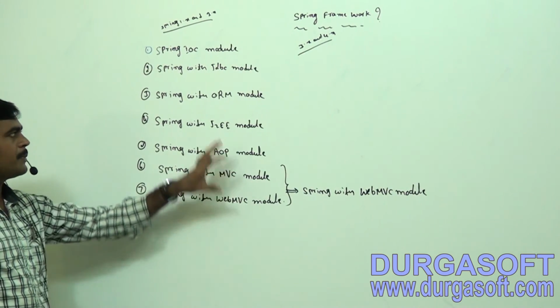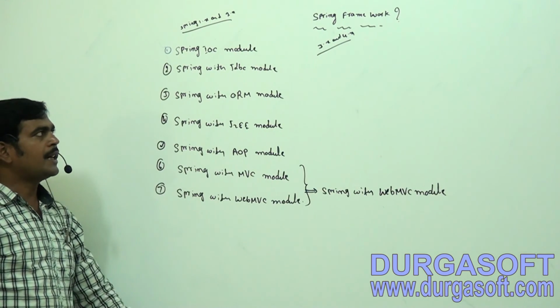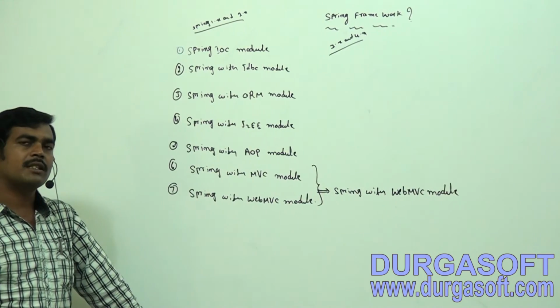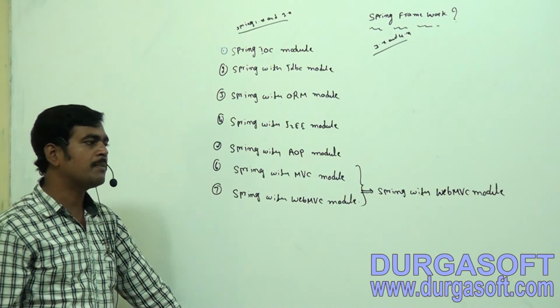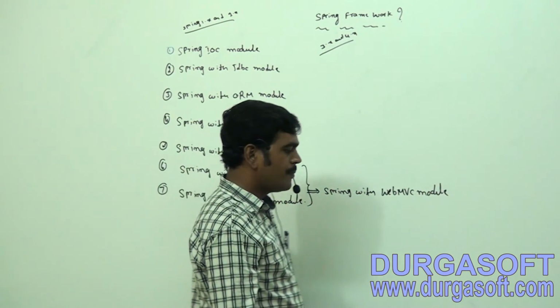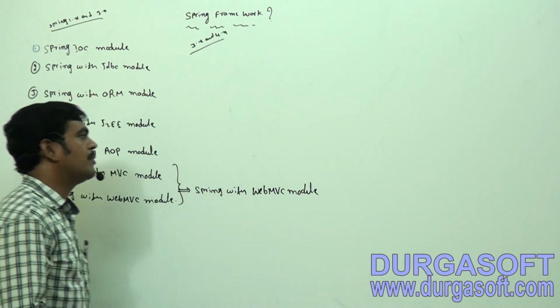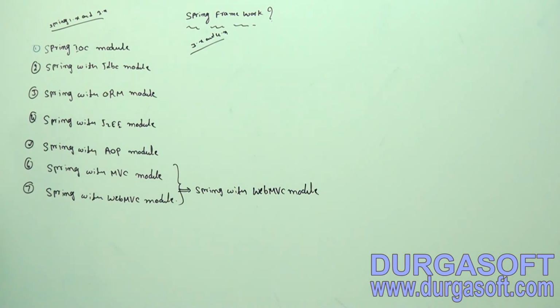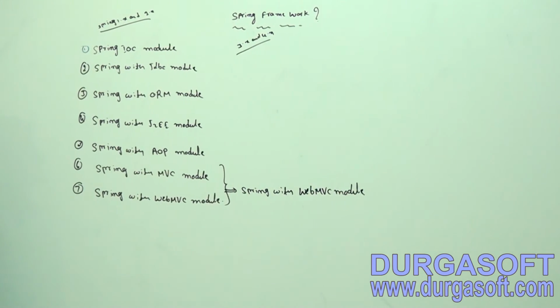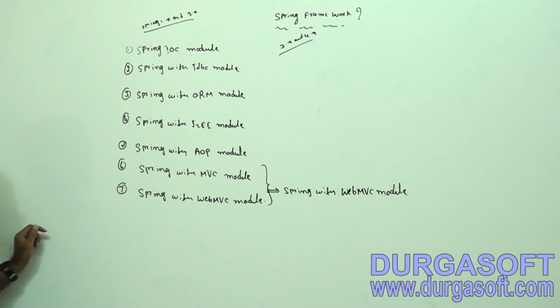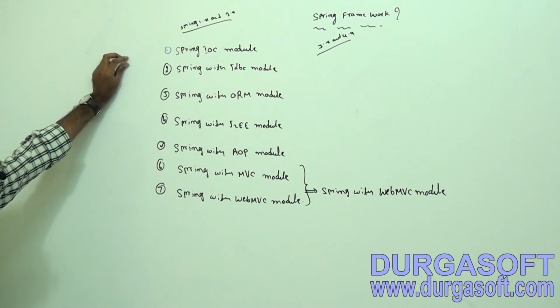Nowadays, industry people use these modules, and they implement the business logic with them. Now I am going to start with the Spring IOC module. Each and every module is very important. Try to understand each and every point.